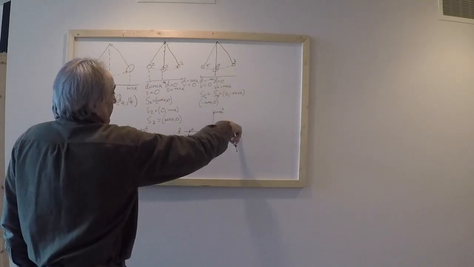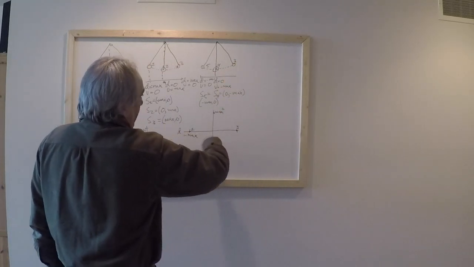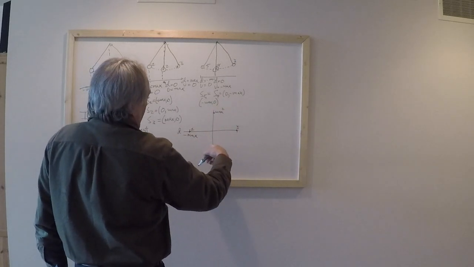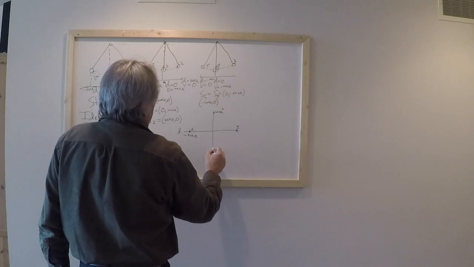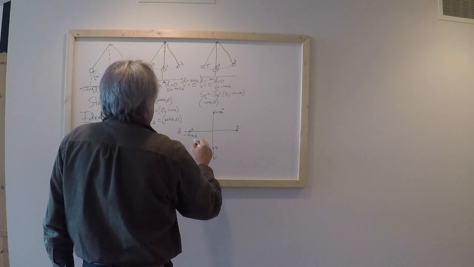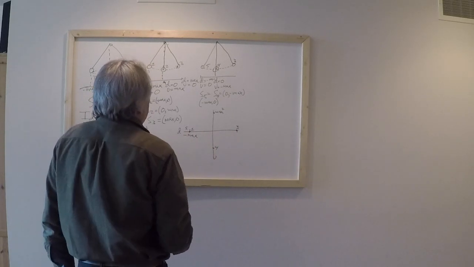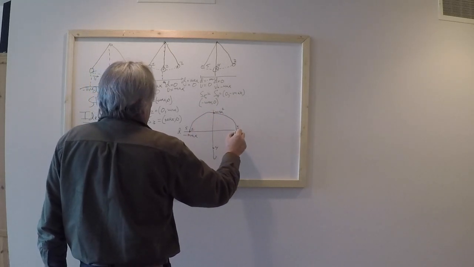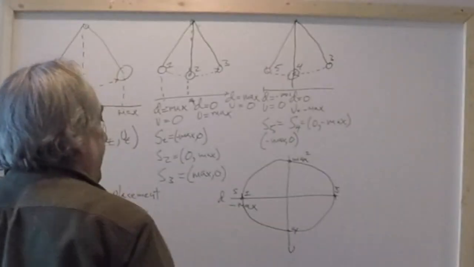So that's 3. So now we've got to here. Now we come back the other way. 4, d is 0, and velocity is minus max. So that's here. And then 5 comes back to here. And it turns out if you do some intermediate states, you get a nice thing like that.